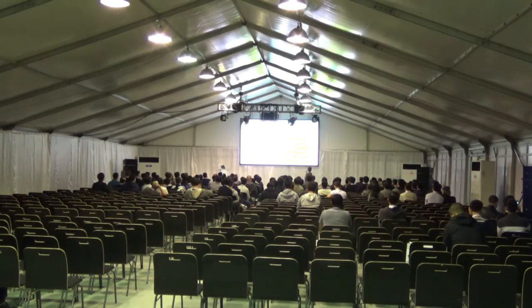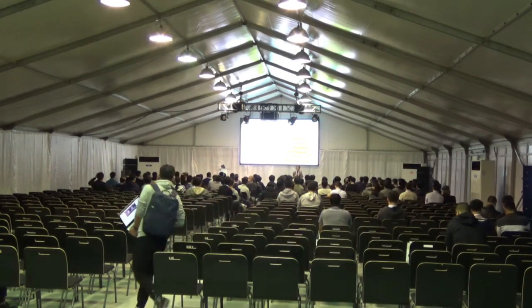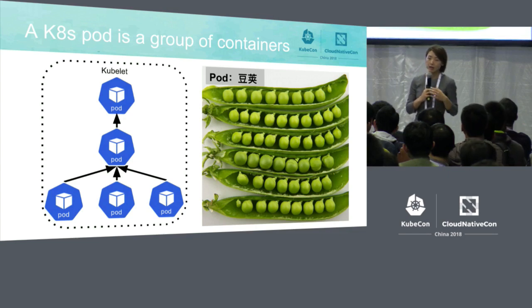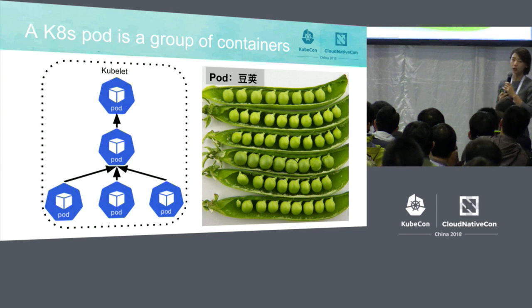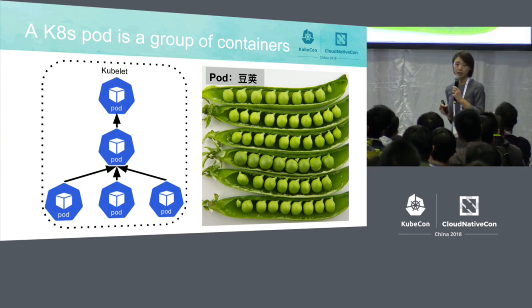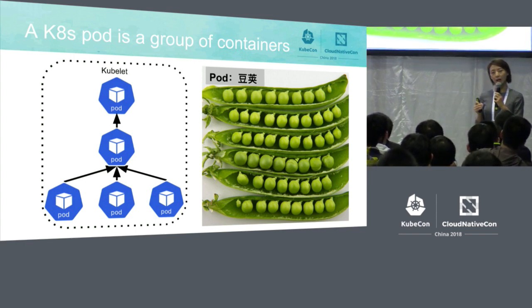A Kubernetes Pod is a group of containers which share the same pod spec to make sure that all the container or containers on one pod all function the same way. And then we have this kubelet, which is the agent on the node that makes sure all the containers are running properly. So the pod spec is applied by this kubelet in the format of a YAML or JSON file.